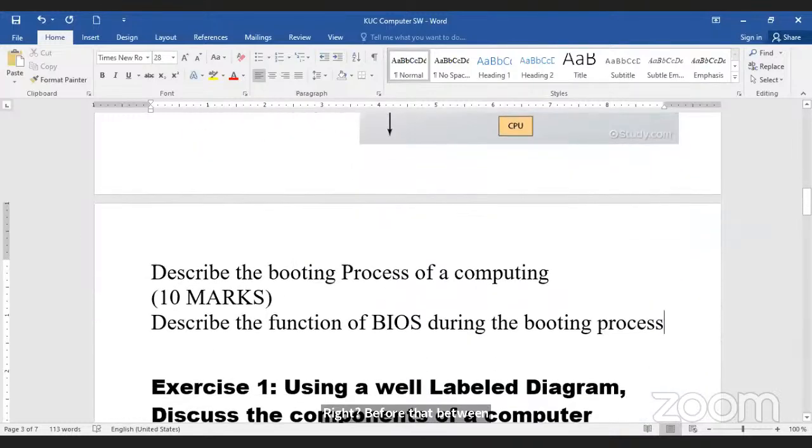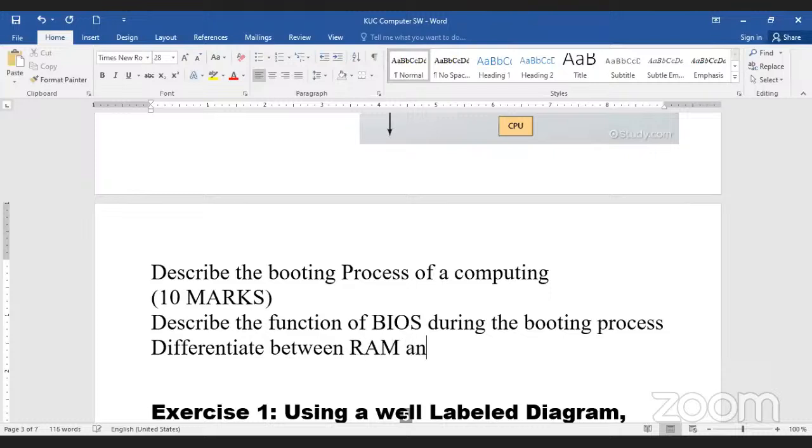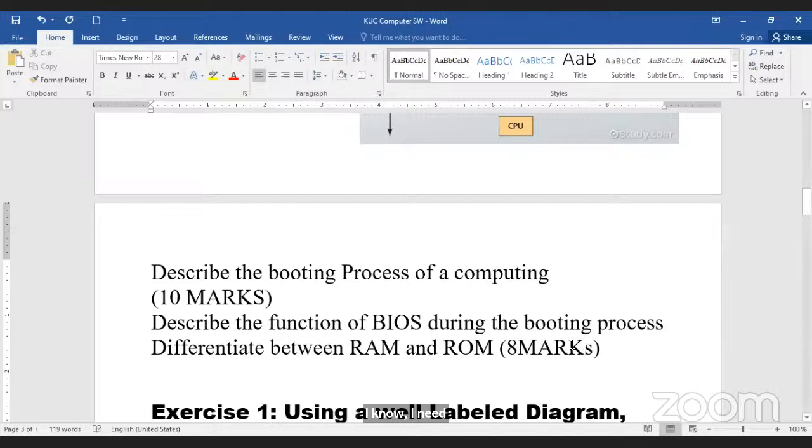Let me add this another question: differentiate between RAM and ROM. And let us say a lecturer is giving you 8 marks. I know earning 8 marks is not a joke. So you need to structure your answers very well.